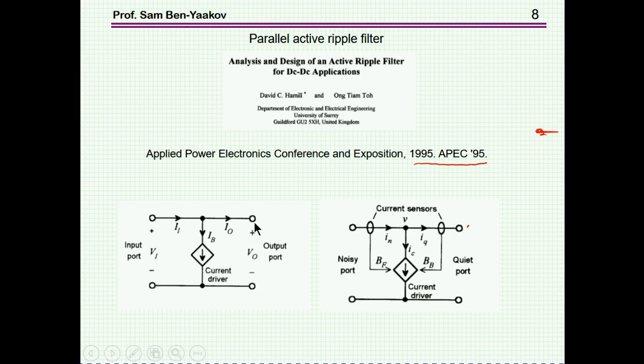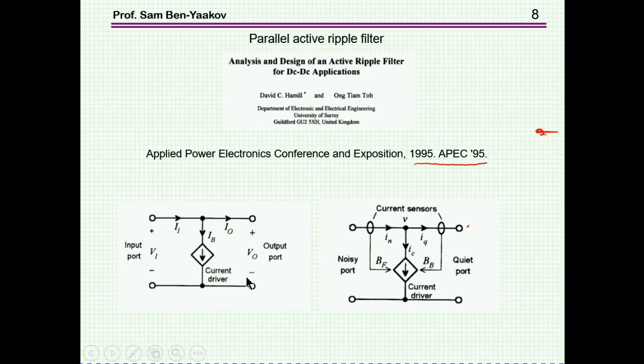In the case of the input, this will be the AC side. You like it to be quiet. So the noise coming here is absorbed here, or part of it, and I out, which is the difference, is much lower than the ripple current that you started with.